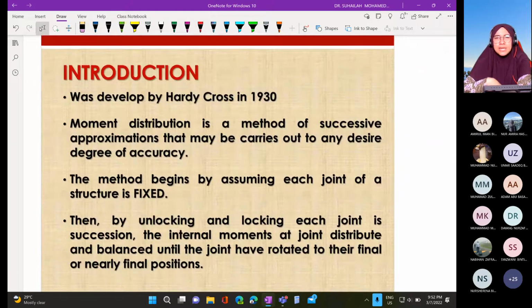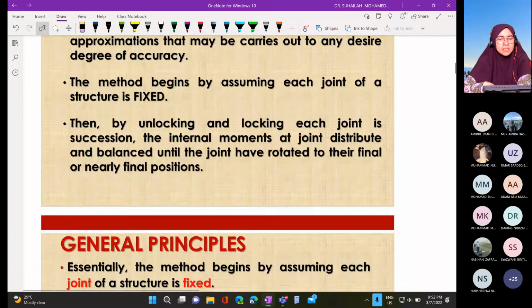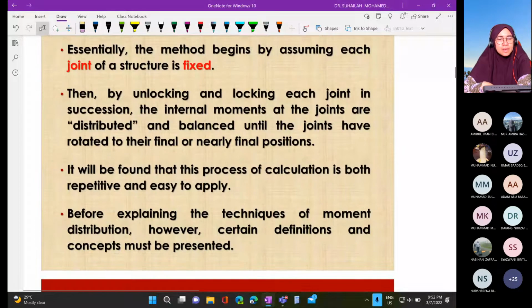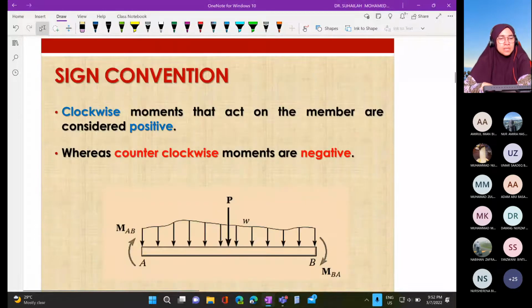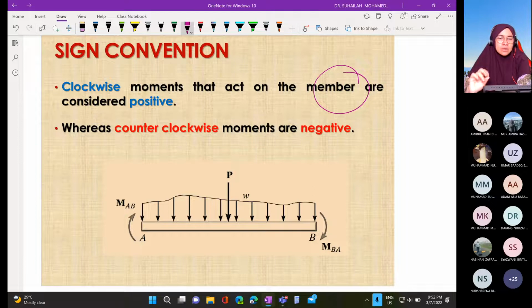So this part, you read on your own, the history and the principle only. Sign convention, as I mentioned just now, we use clockwise positive, clockwise moment acting on the member.